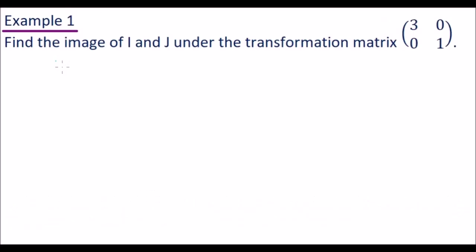So our example 1. Find the image of I and J under the transformation matrix (3, 0; 0, 1). As you remember earlier, to get the image, we pre-multiply the object's matrix by the transformation matrix. So the coordinates of I are (1, 0), and the coordinates of J are (0, 1).